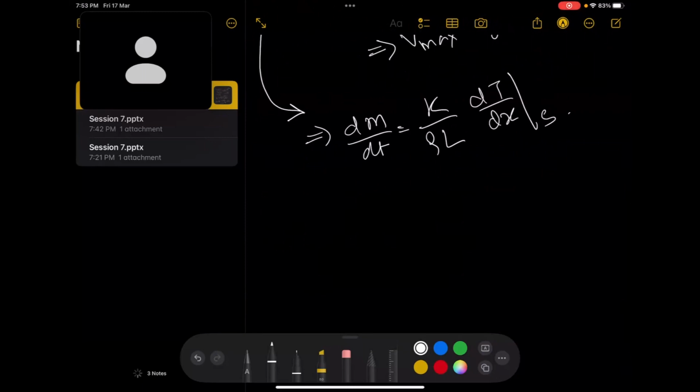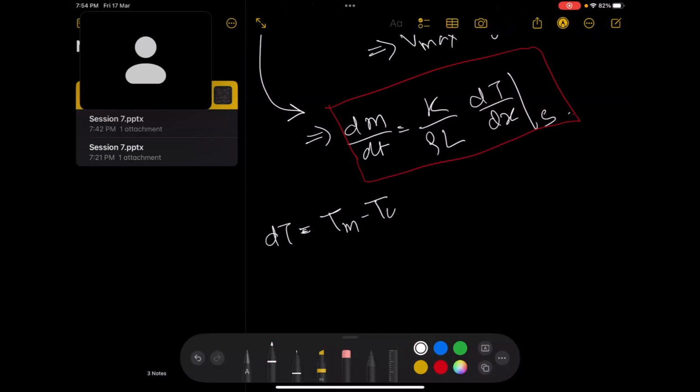Now let's revert back to what your question says. So in the question, let us pick it up. It is given that dT is the melt temperature minus the ambient temperature.